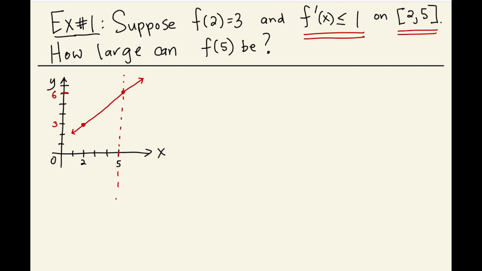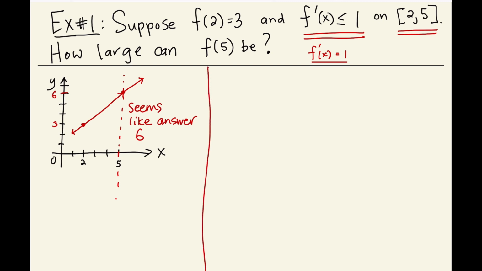Now, if f was a line and f prime of x was equal to 1, that is the largest that the derivative could be. So this is an example giving you the absolute largest that the derivative could be. And so this should give us some intuition that it seems like the answer is 6, just based on this guessing and looking at lines.